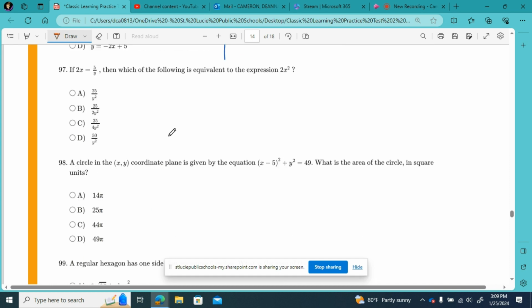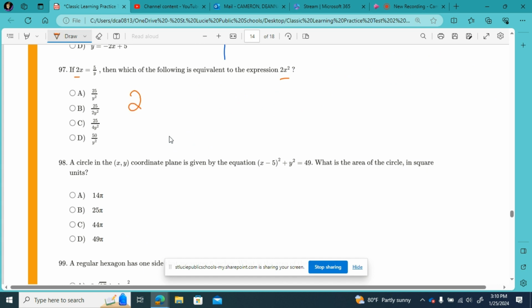And now, question number 97. If 2x equals 5 over y, then which of the following is equivalent to the expression 2x squared? So we know 2x, we want 2x squared. In order for me to get this to here, I want to get my x by itself first.